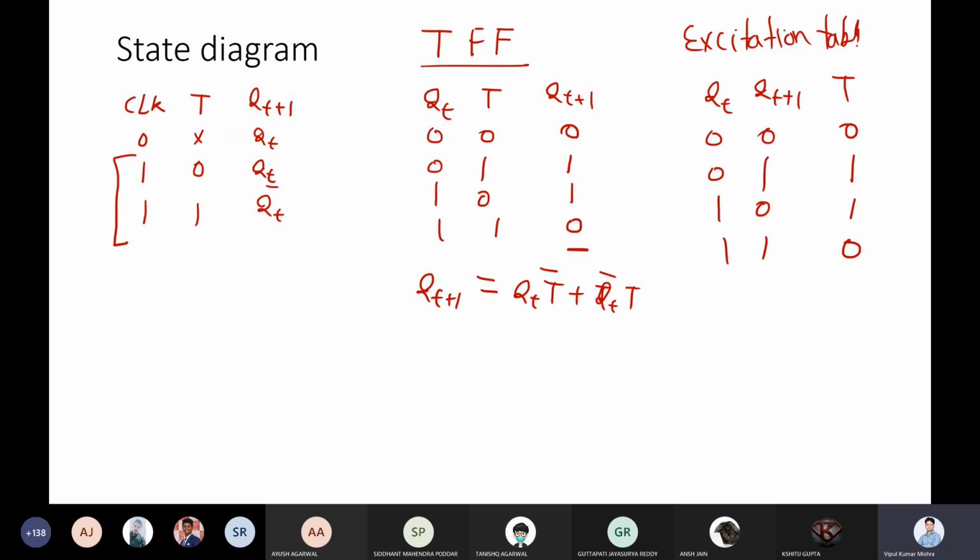So now let's look into the state diagram first. Just what exactly a state diagram is and what the different components of that are. Just give me a minute so that I can add one more slide here.